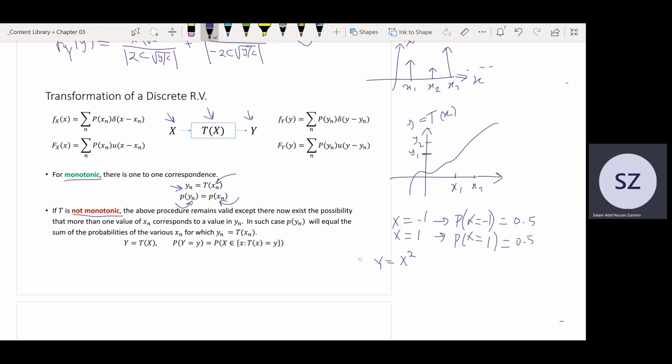y equals 5x. So basically, what will be the y values?